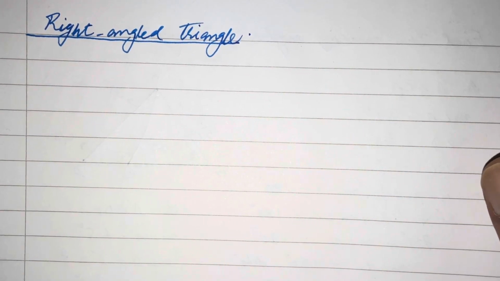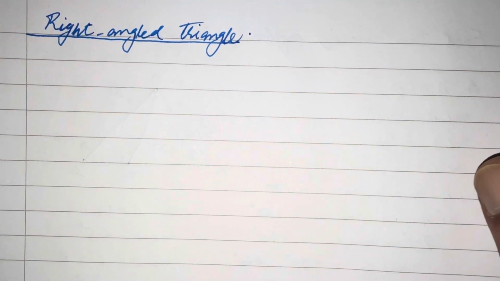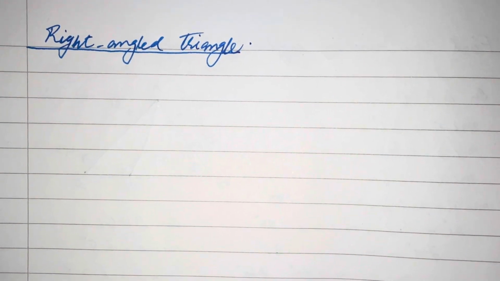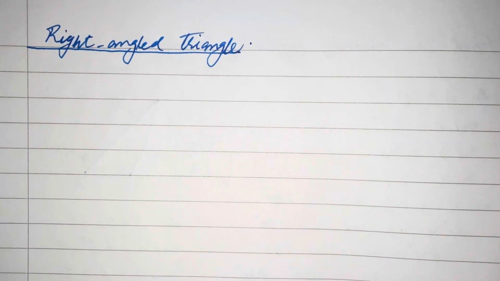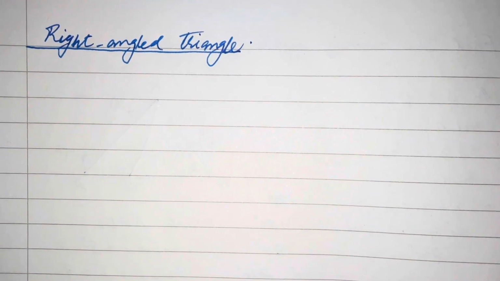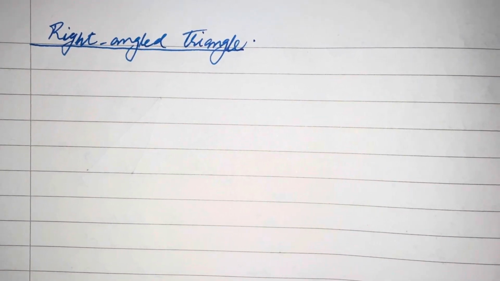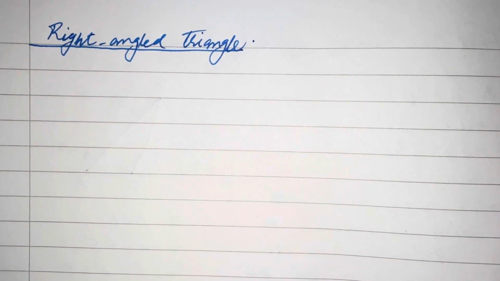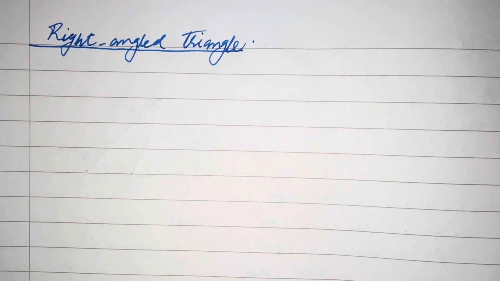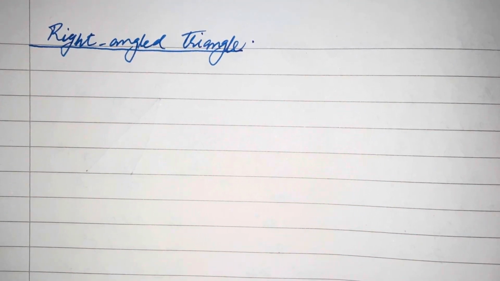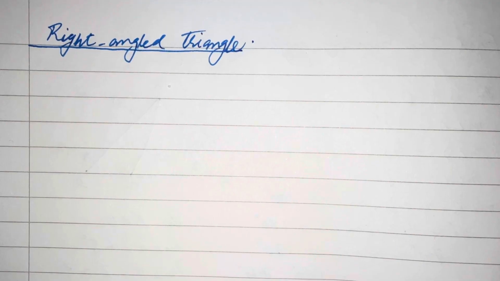Now, as you know, we have already studied in one of our lectures the types of triangles with respect to their angles. If you remember, there are three types of triangles with respect to their angles. One is called acute angle triangle, one is called obtuse angle triangle, and the third one is called right angle triangle.